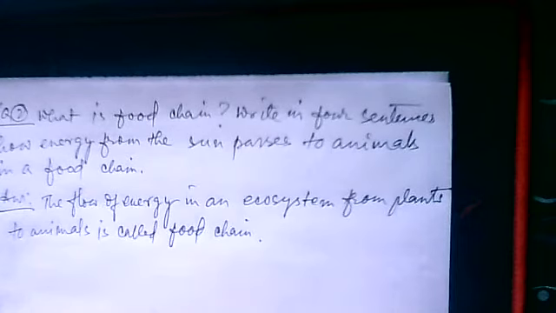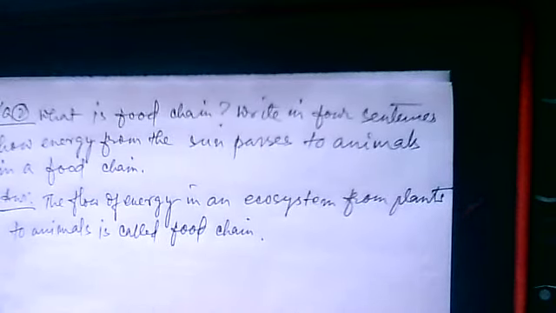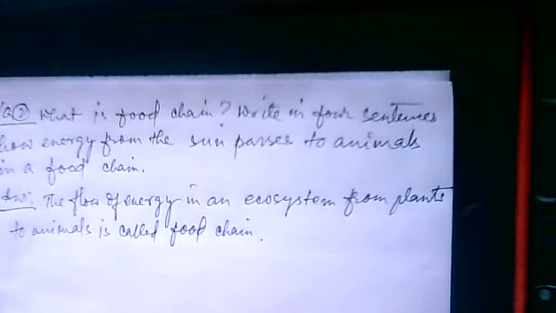Answer it with your own words or from the textbook. Okay, no need to follow exactly what I have written or what I am writing. This is just near about the answer.